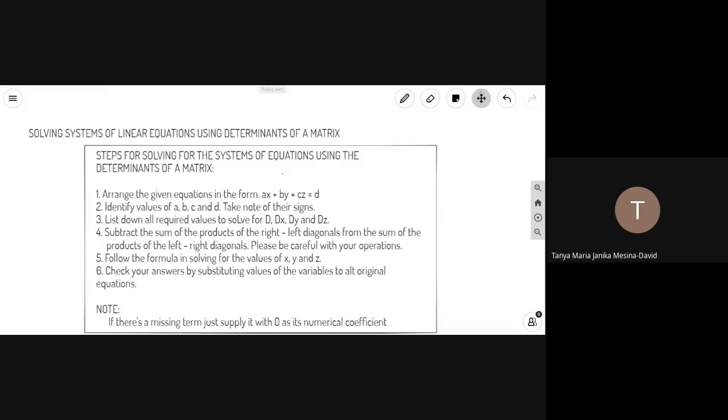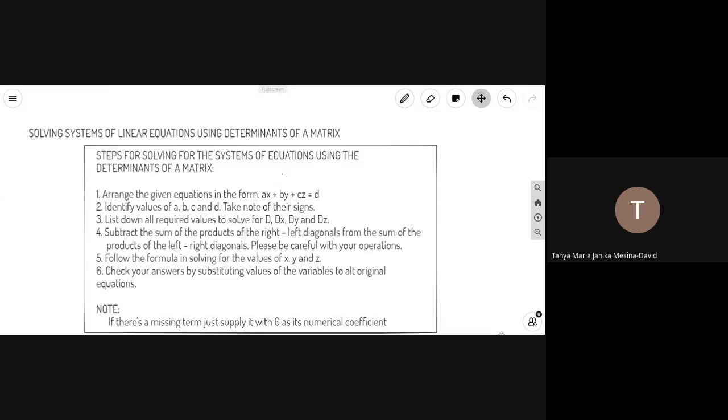Next, identify the values of a, b, c, and d and take note of their signs. Remember, a is the coefficient of x, b is the coefficient of y, c is the coefficient of z, and the constant number after the equal sign is called d.